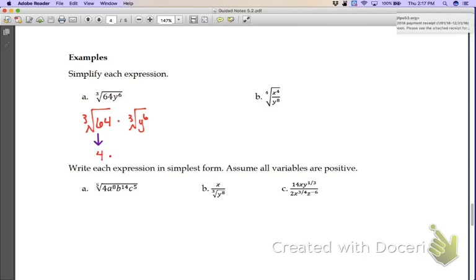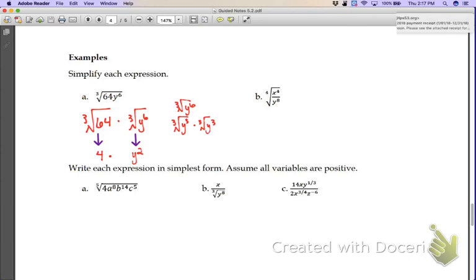So this is just going to become a 4 times. Now, if I have 6 y's, how many groups of 3 do I have? Y squared. Because if I have the cube root of y to the 6th, that's the same thing as having the cube root of y to the 3rd times the cube root of y to the 3rd.